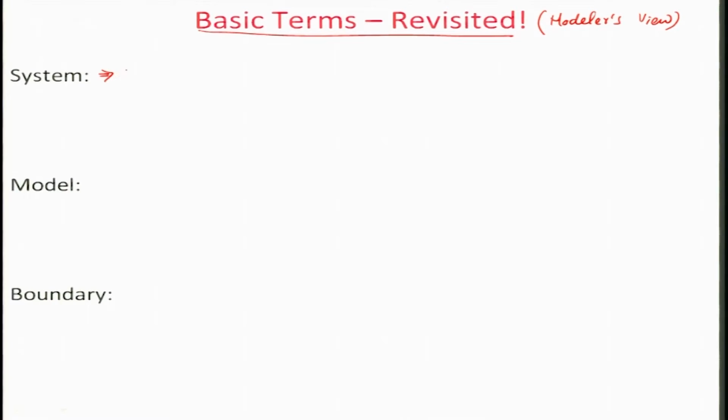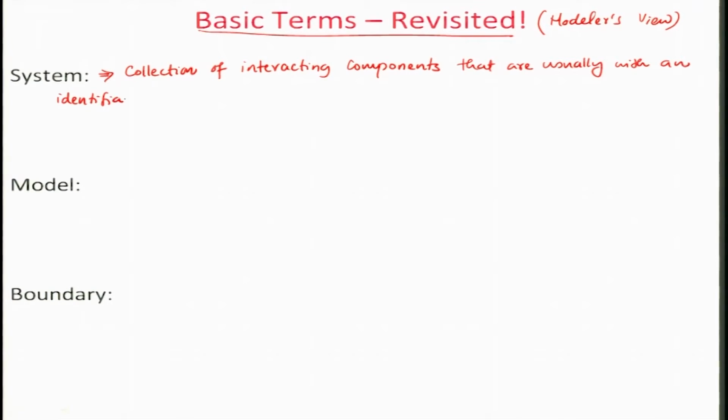So from the modeler's viewpoint, a system is a collection of interacting components that usually have an identifiable function or purpose.